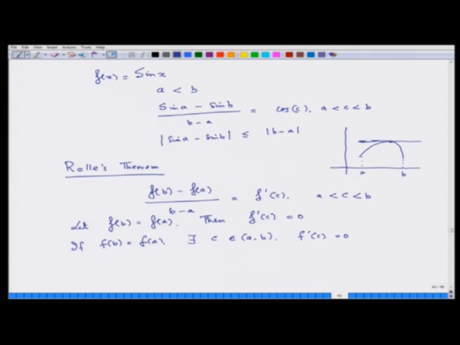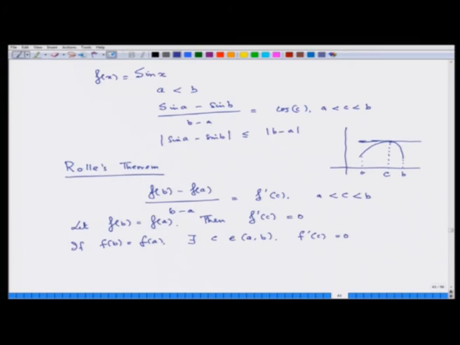The tangent parallel to the x axis means that it has a 0 angle with the x axis, and hence the slope value is 0, because the slope of the tangent is actually tan of the angle at which it intersects the x axis, which is a very well known fact. So here is your c. So you see how an interesting result of the mean value theorem leads you to several more facts.